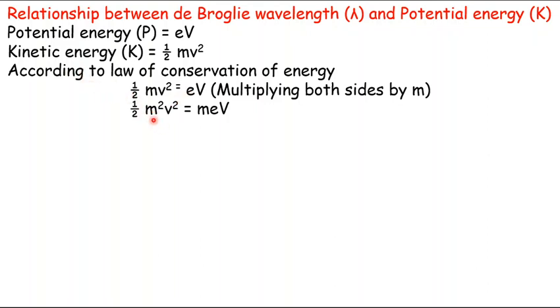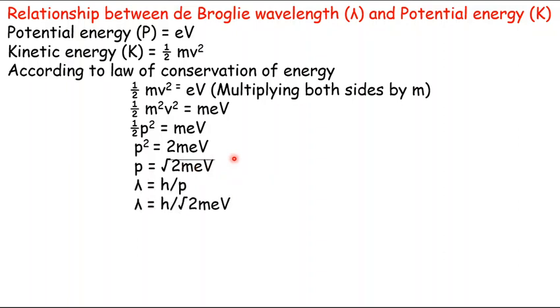Again, instead of this m square v square we can write (mv) square, that will be p square. So here we arrived at the relationship between momentum, mass and potential energy.